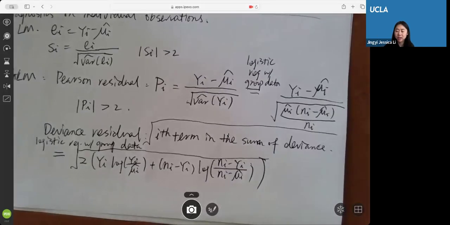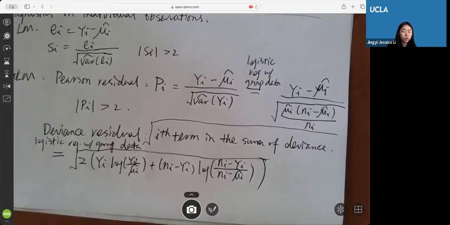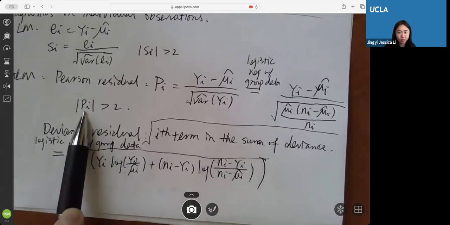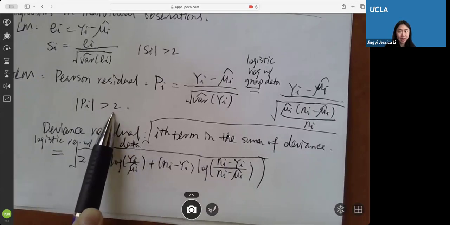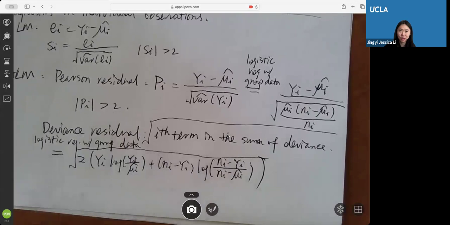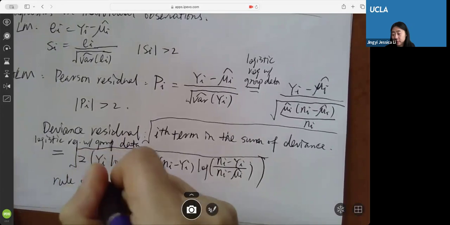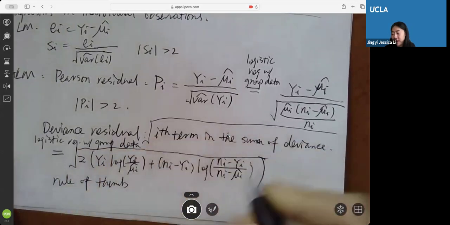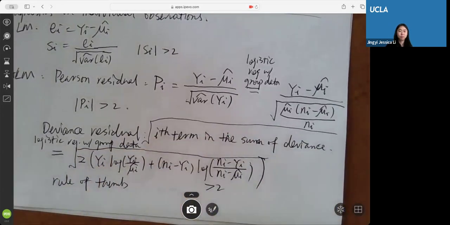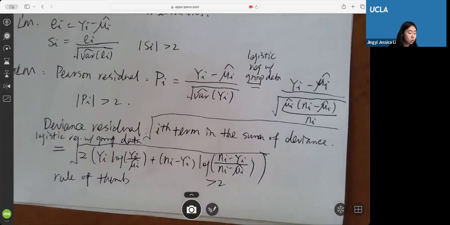That's why we take the square root of it, so we can compare it to some value we consider big for a standard normal random variable. That's 2. I know it's not exact, but it's something people use as a rationale, so again, it's a rule of thumb. You compare this to 2, and if it's bigger than 2, then it's too big.